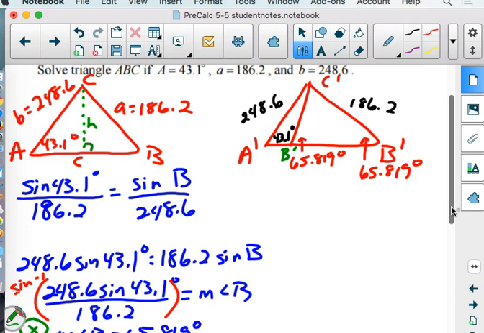How do we get that B prime angle then? Yes, 180 minus our 65.819, which we stored so we can get that exact.